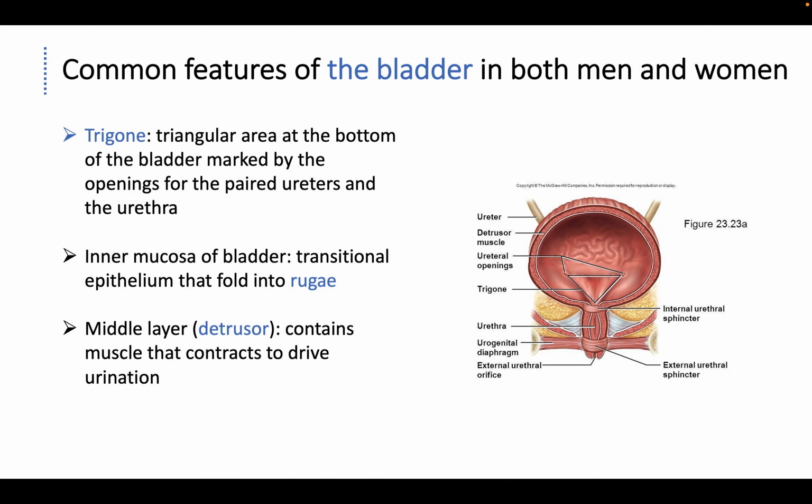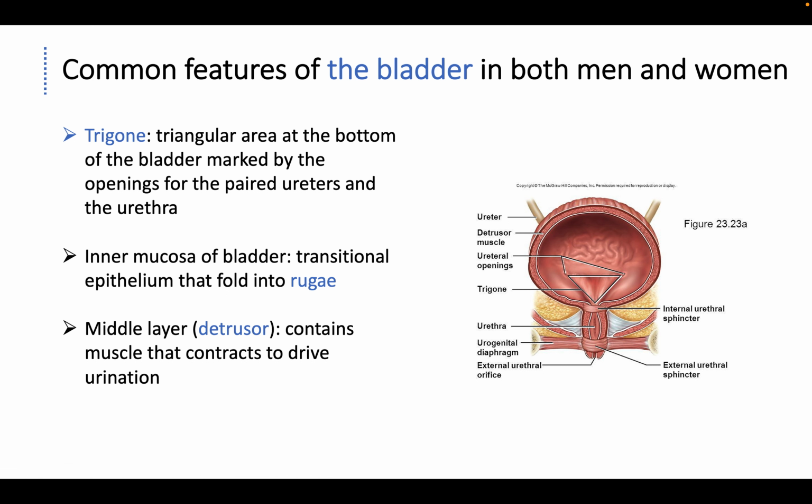Now, when looking at the bladder, you see some similar features that you also saw in the ureter. So you see an intramucosal layer. It is also lined with the transitional epithelium that allows it to stretch in response to distension from urine. You also see in the bladder what are called rugae. And the rugae, you can almost think of similar to the rugae in the stomach.